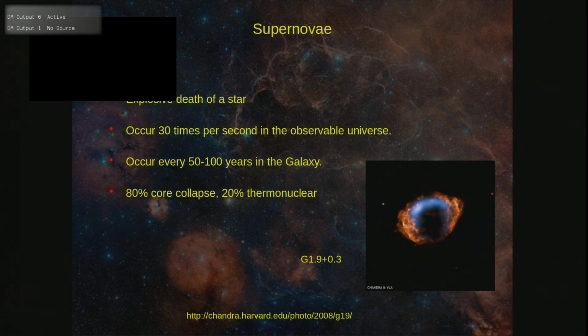And in blue here is a radio image that was taken right about 2000. And then in the orange is an X-ray image that was taken about 15 years later. And what you see is that this thing is expanding, and it's expanding fairly rapidly.